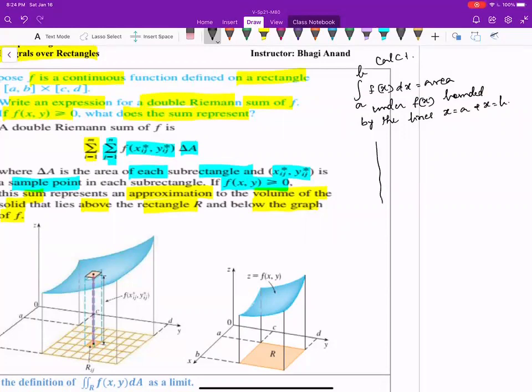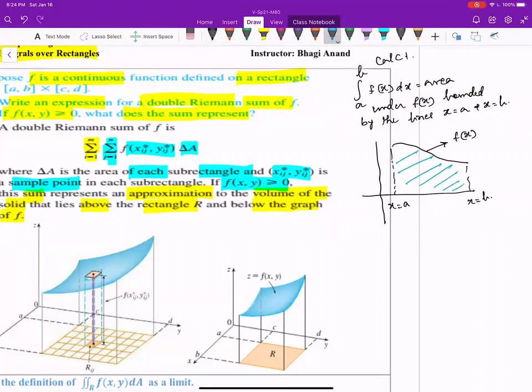So if you have a graph which is f of x like this, and it is defined between the vertical lines x equal to a and x equal to b, then what this integral represents is the area.